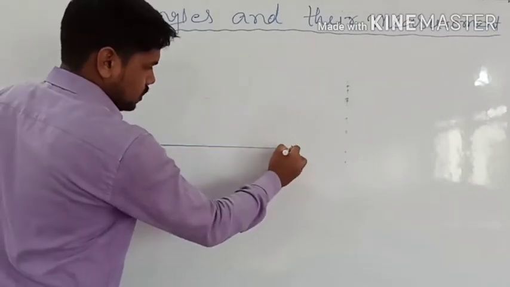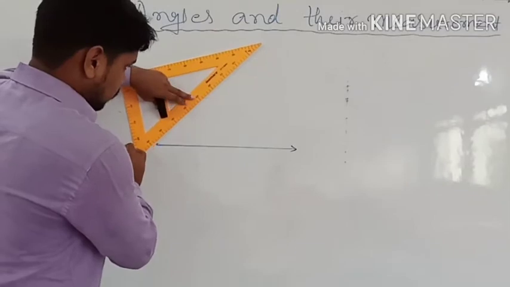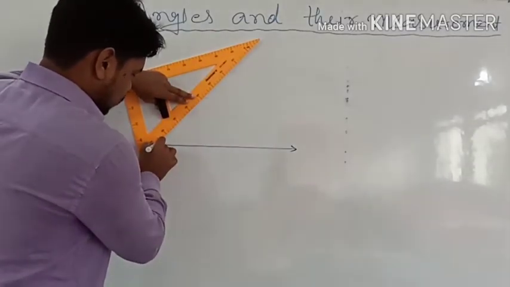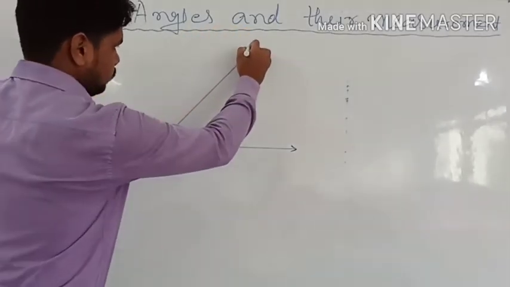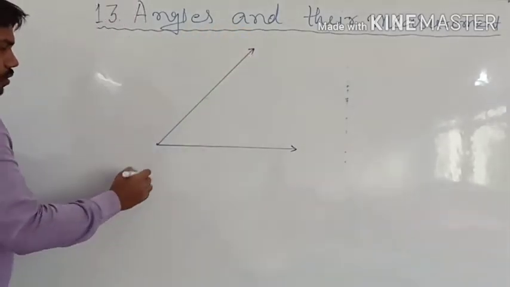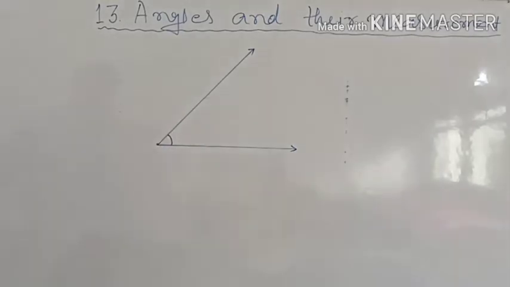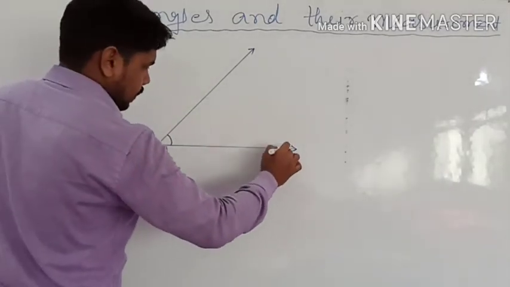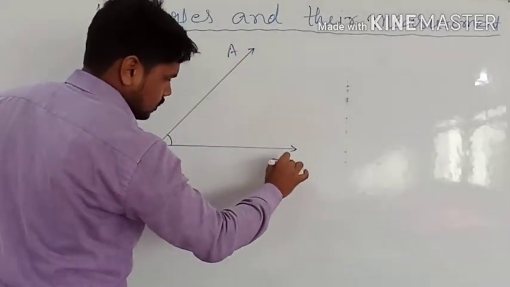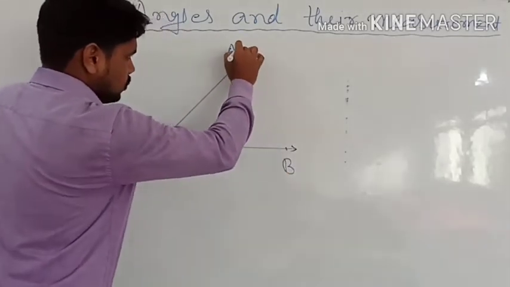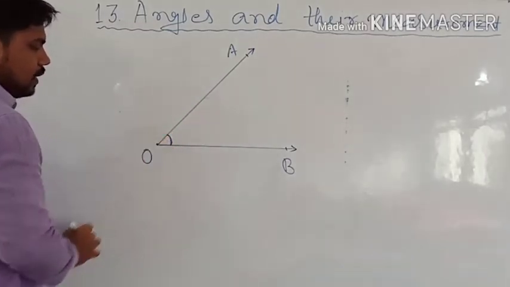So this is one ray, and suppose this one is another ray. Here one angle is forming, right? Suppose this is A, this is O, and this is B. So AOB. Here this AOB is an angle.